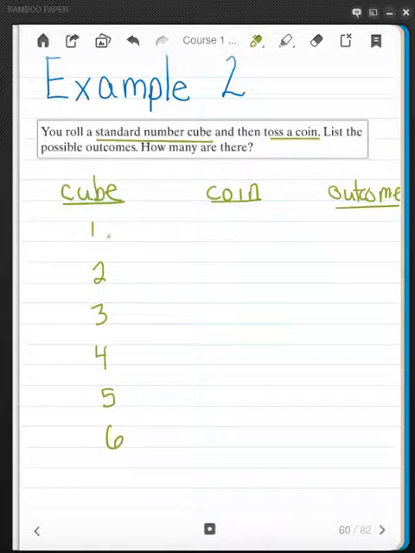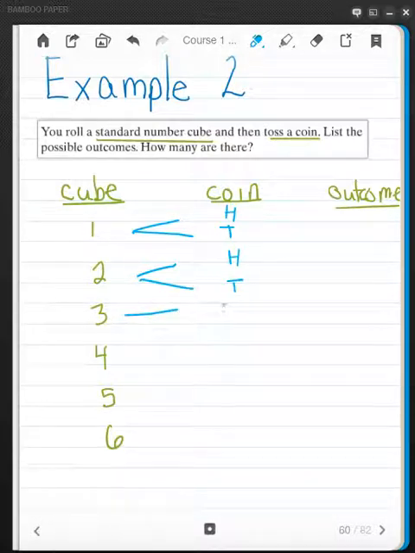Okay. However, let's say I roll a 1. And then I toss the coin. My 2 options for that coin toss are to get heads, or I can get tails. If I roll a 2 and toss the coin, I can still get heads or I can get tails.